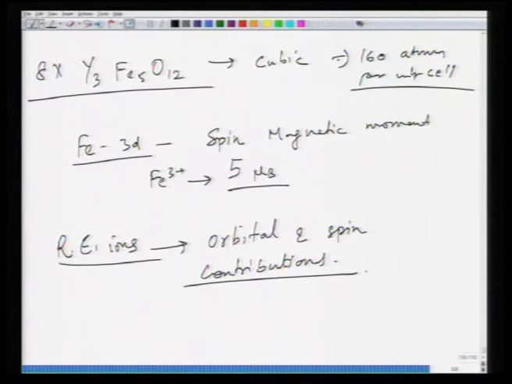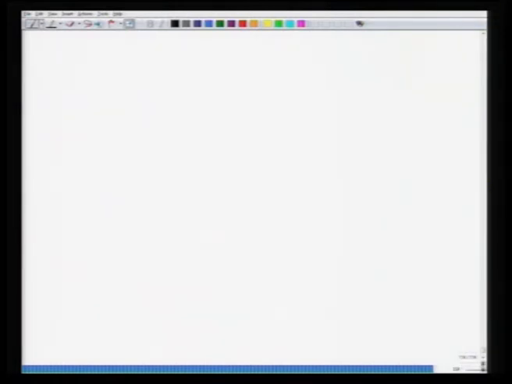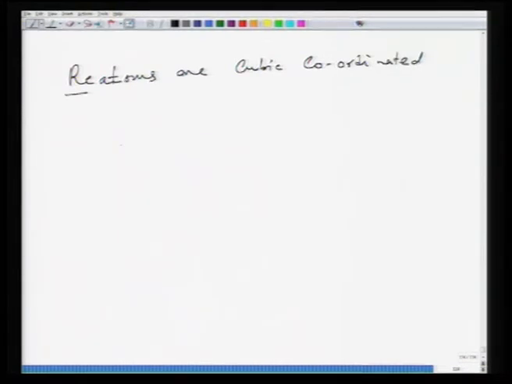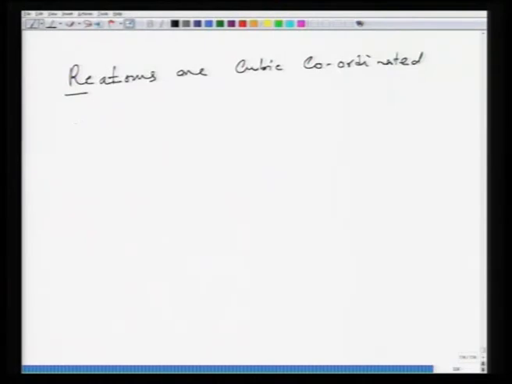So what you have in this structure essentially is, the Re atoms are cubic coordinated, which means they have 12-fold coordination. Now, 3 Re atoms are cubic coordinated in one unit cell.